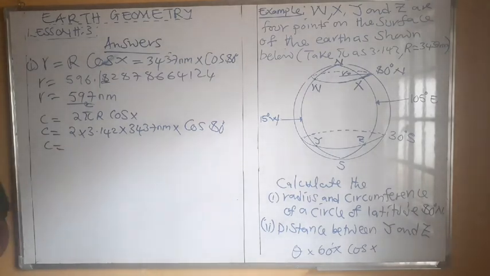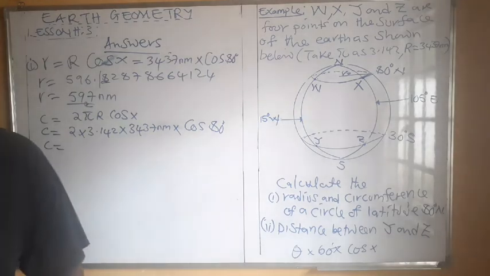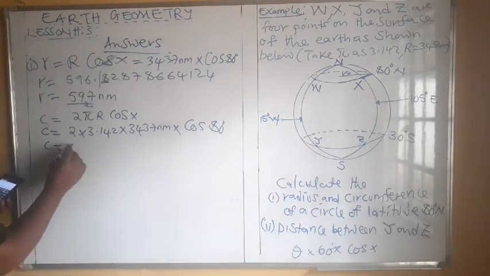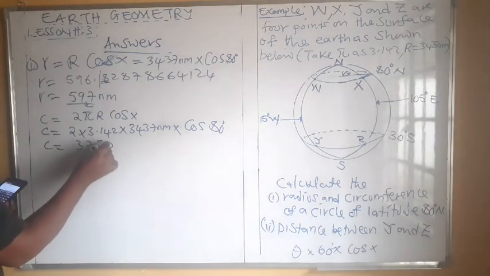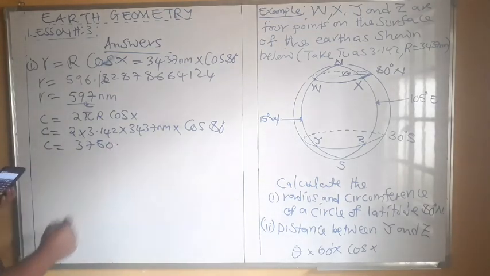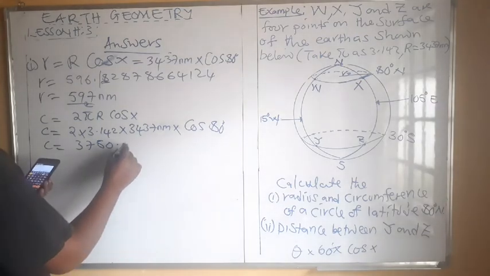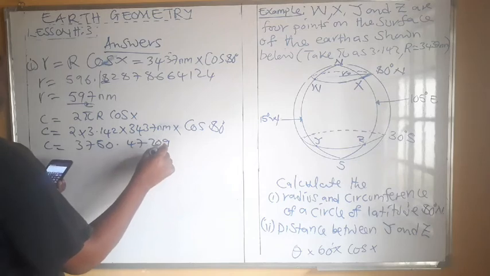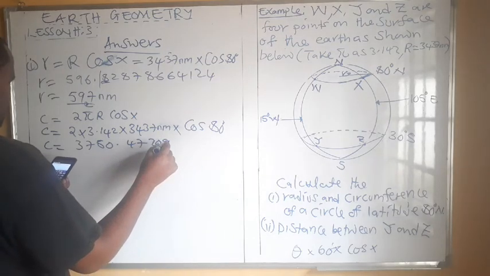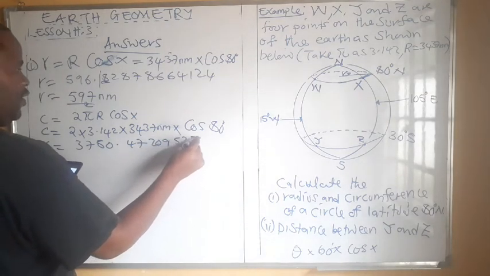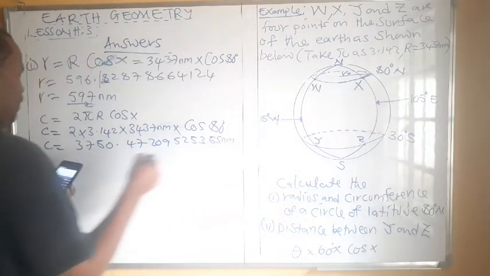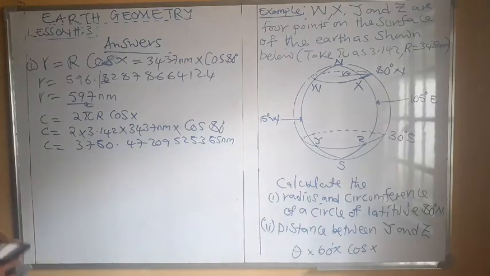You can work that out with your calculator, and I'm sure you will find 3375.47209525355 nautical miles. You can round that off now to 3 significant figures.